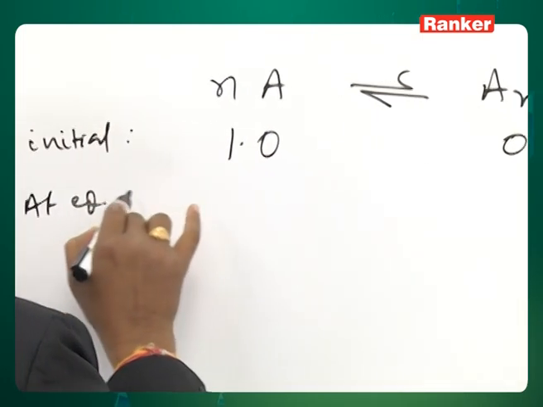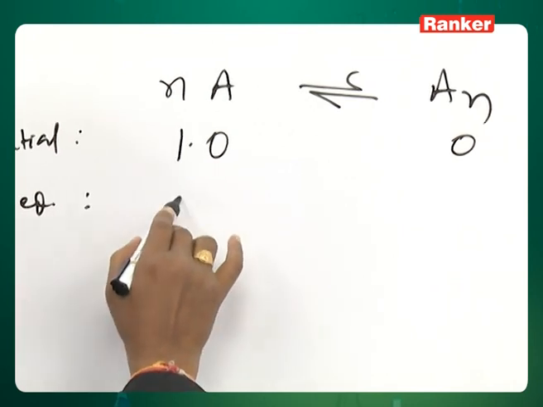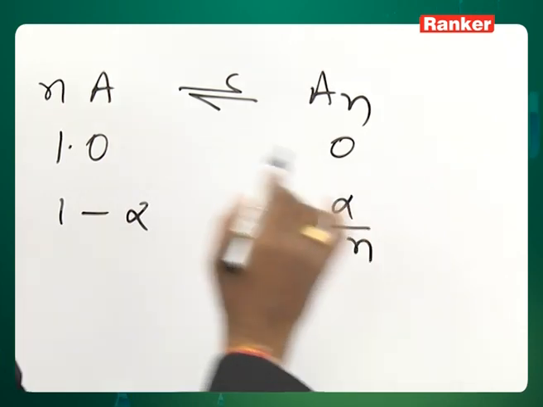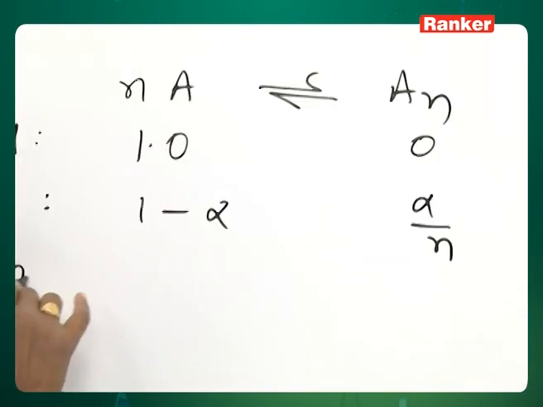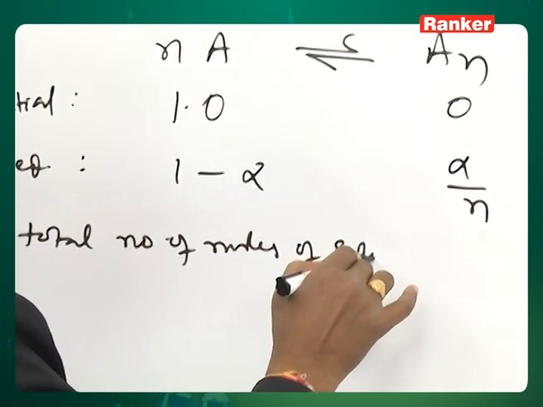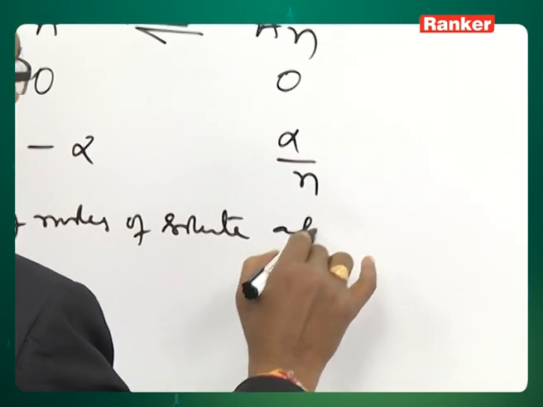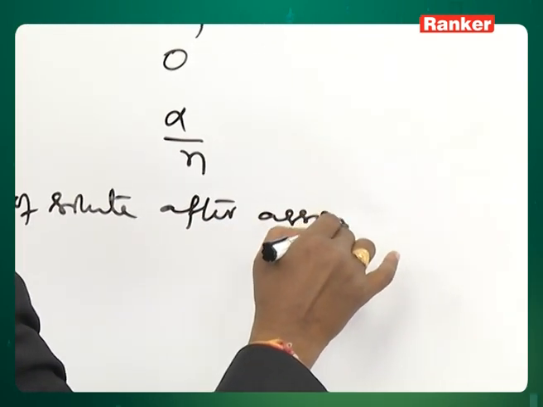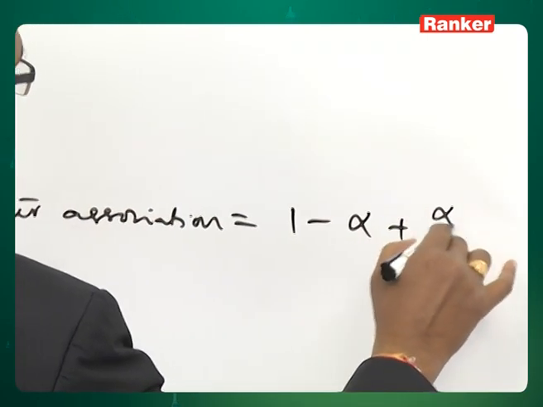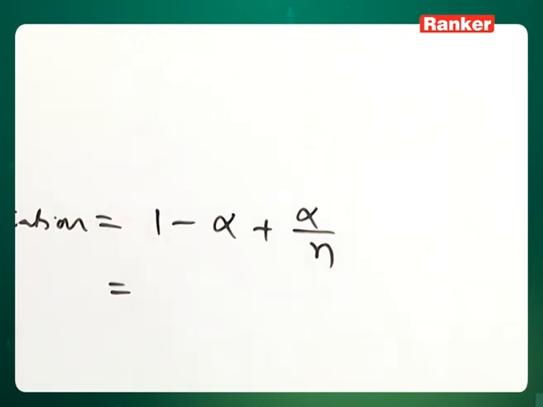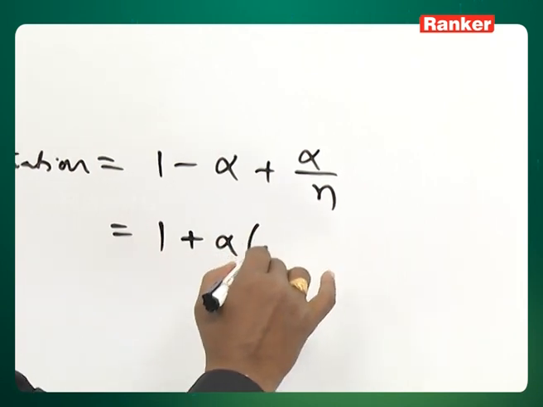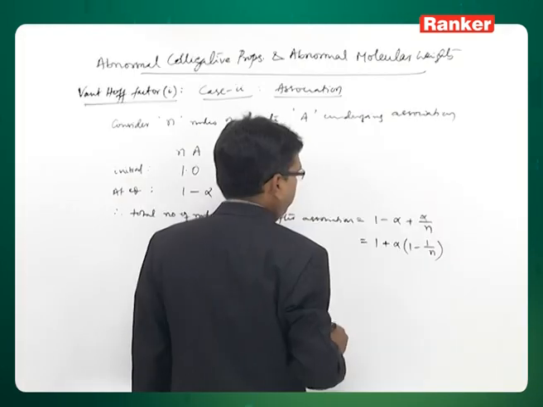At equilibrium it will become 1 minus alpha, and how much of An will you get? Alpha by n. Therefore, the total number of moles of solute after association is equal to 1 minus alpha plus alpha by n, which is equal to 1 plus alpha into (1 minus 1 by n), right.